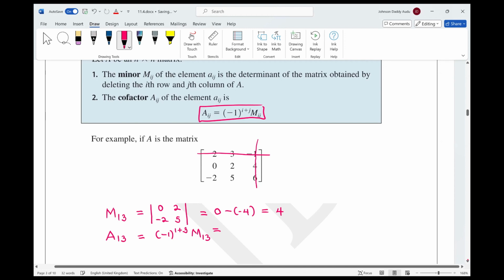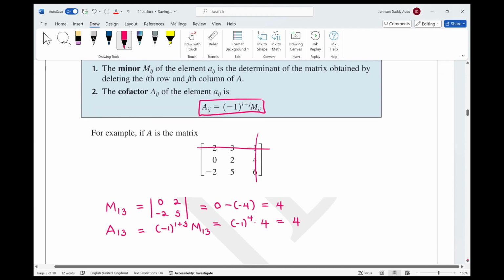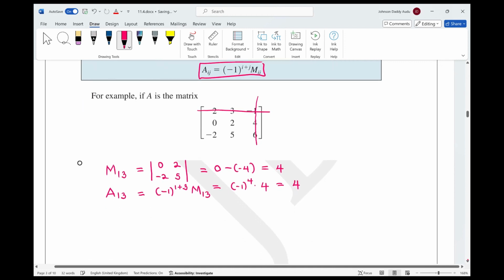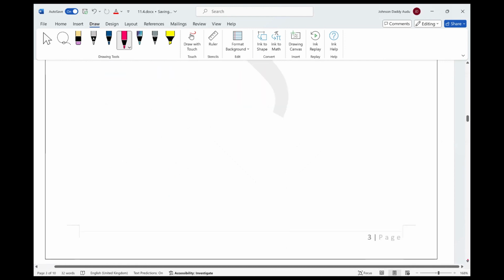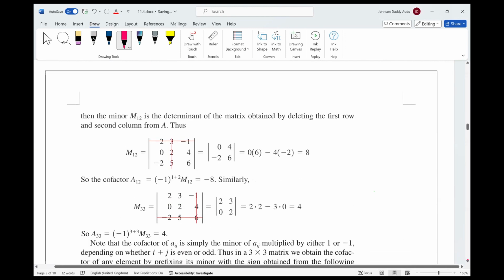And this will simply be minus 1 to the power 4 multiplied by 4, which is already our M13. And this means that you are still going to get 4. So in this case, you see that M13 and A13 are the same. Right. So this is just what we're calculating here.